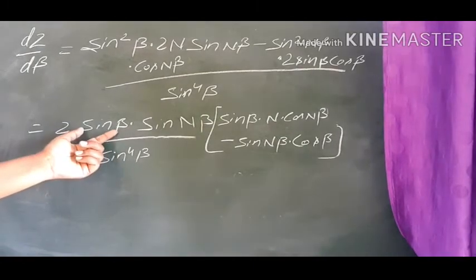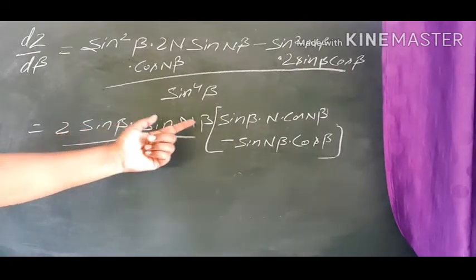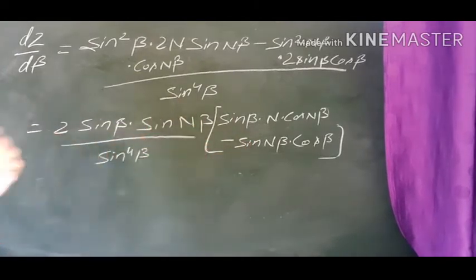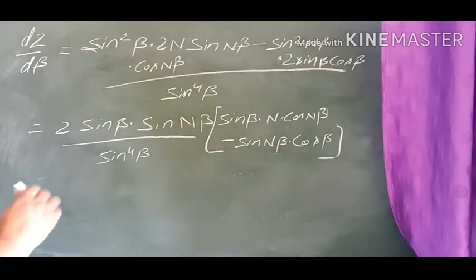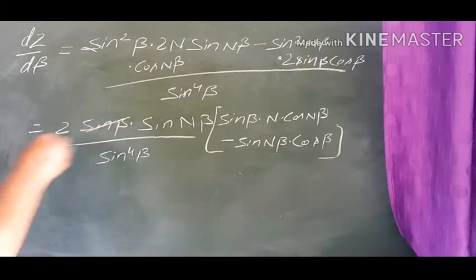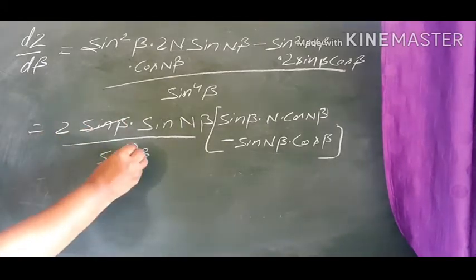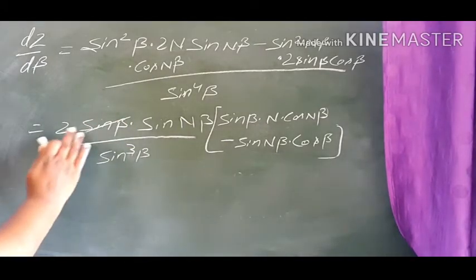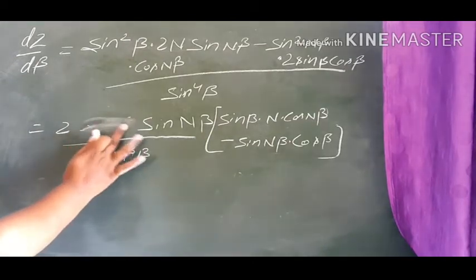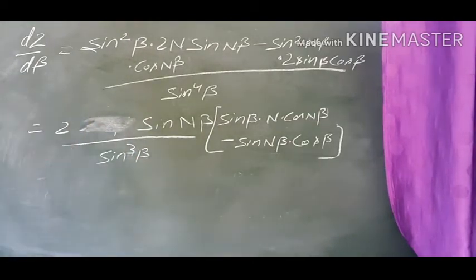By taking 2 sin beta and sin n beta common, we got this equation, and the third power term will cancel out. So the remaining term is this.